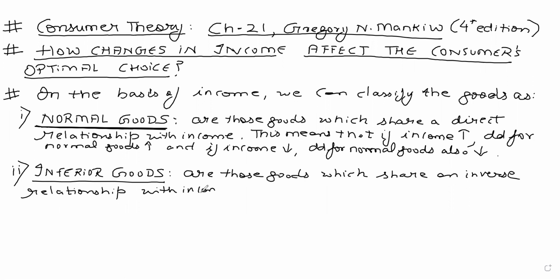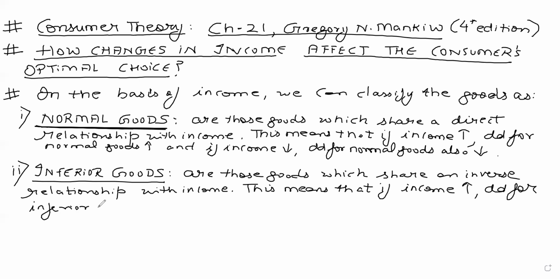What does that mean? This means that if income goes up, demand for inferior goods falls, because if your income goes up, you would want to buy the normal goods and reduce your demand for inferior goods.